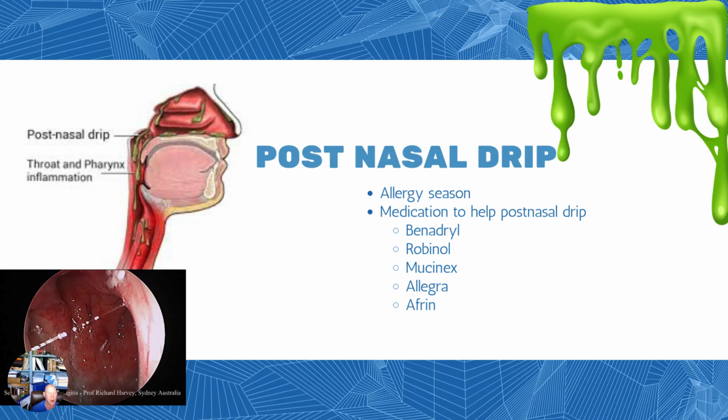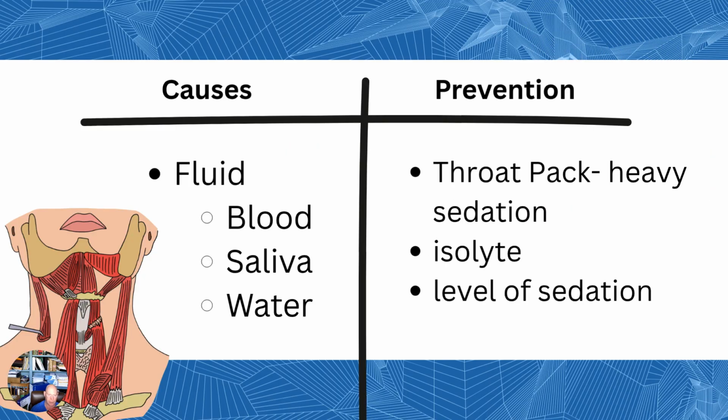In order for us not to deal with this problem, and especially during allergy season, what we do is we will give medications to try to dry up the airway, such as Benadryl, Robitussin, Mucinex, Allegra, and Afrin. Again, causes of laryngospasm are fluids: blood, saliva, water, and mucus.